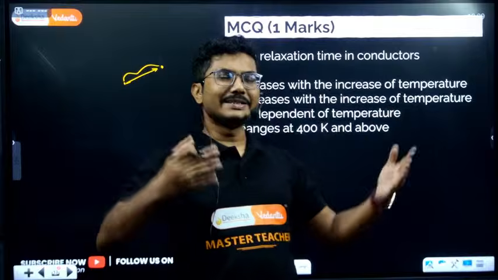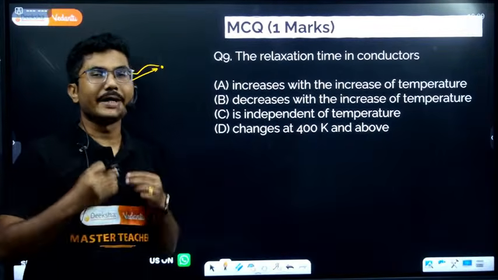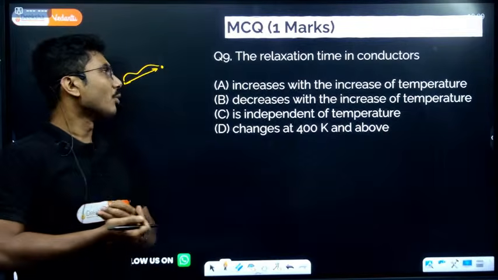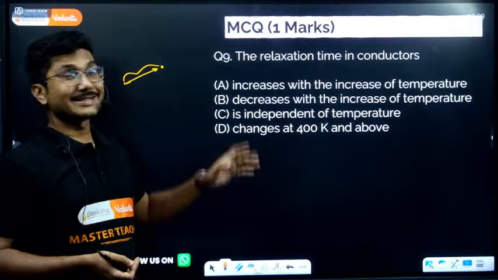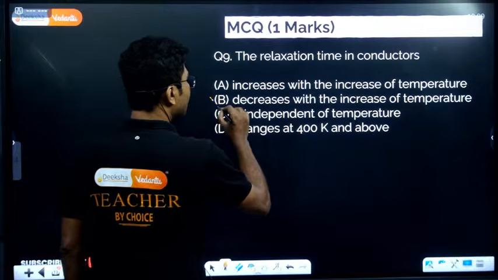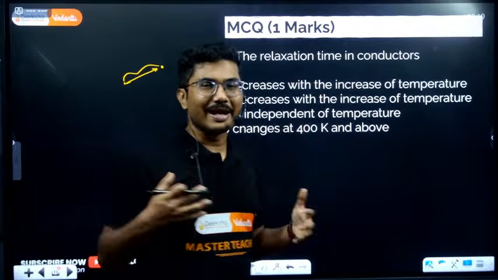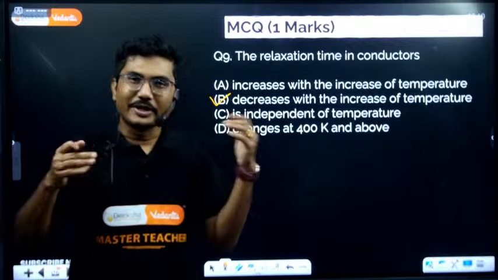When you are increasing the temperature, the collision frequency increases, so electrons are colliding more frequently. More frequent collision means the relaxation time decreases. As you are increasing the temperature, the relaxation time decreases, so the electrons are not very relaxed. For example, as the exams are approaching, if you are writing too many exams, your relaxation is gone.